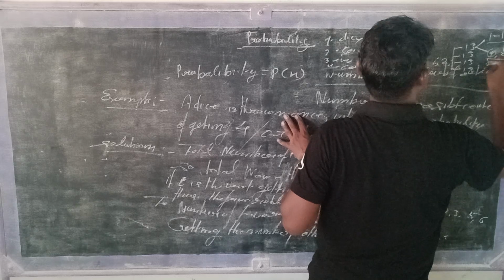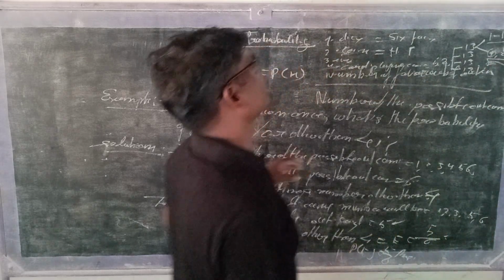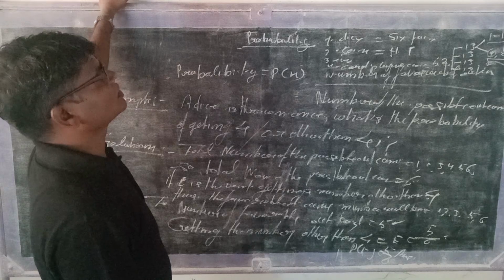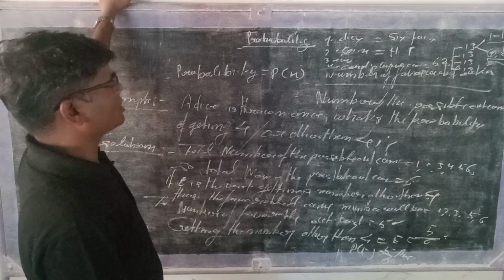The joker cannot be taken here. So king, queen, and jacks, and the 1 to 10 cards we can say here.